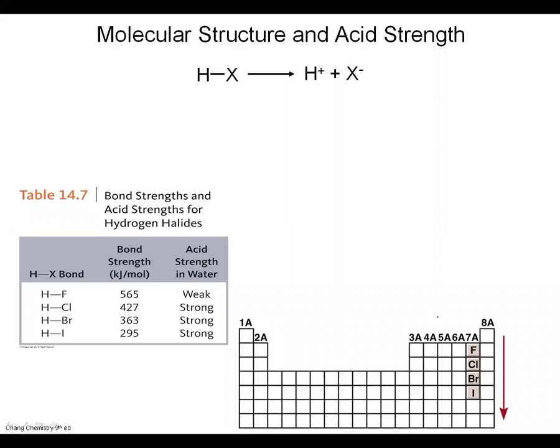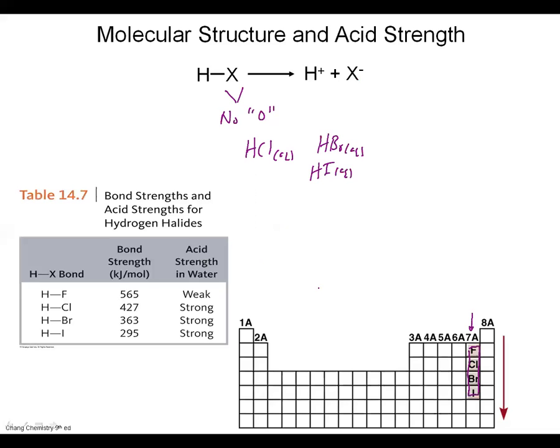So this is like your HCl, hydrochloric, your HBr, hydrobromic, or hydroiodic, and so forth. A lot of these guys are right here in our periodic table. They're all in group 7, the halogens.